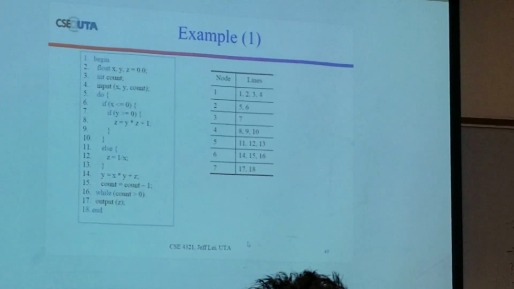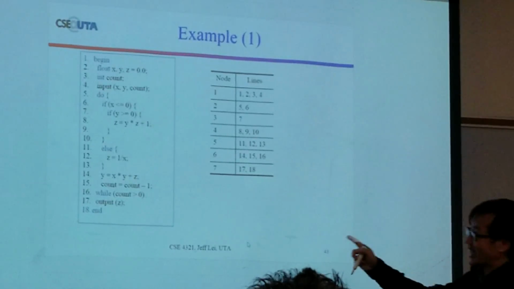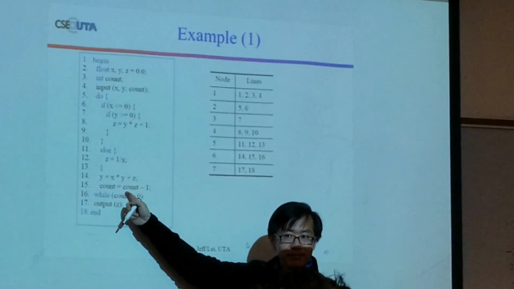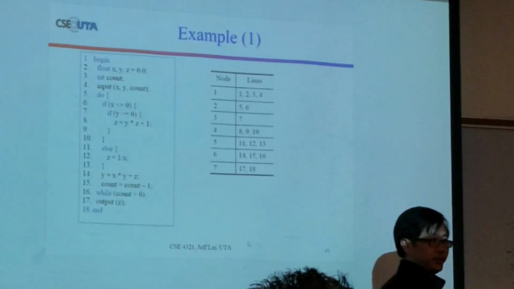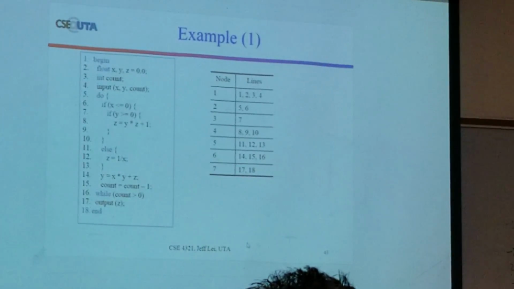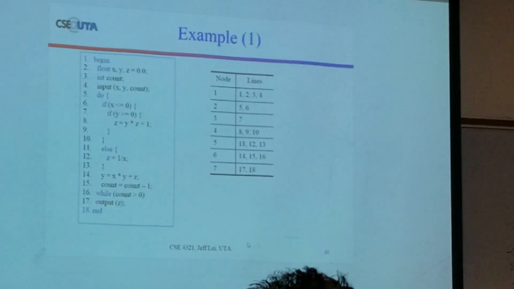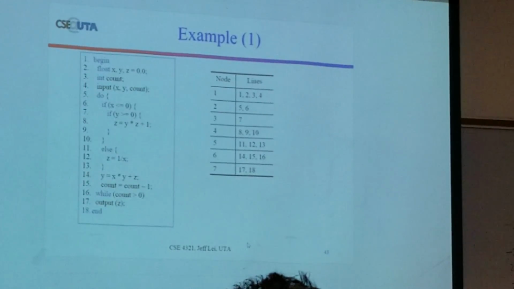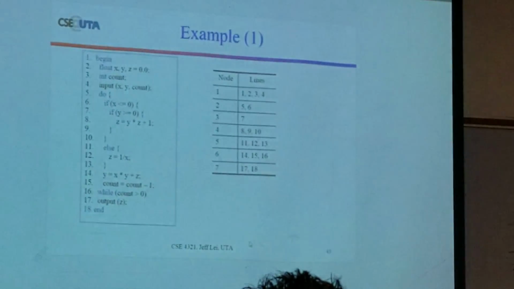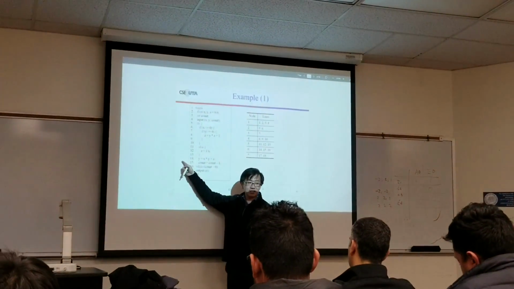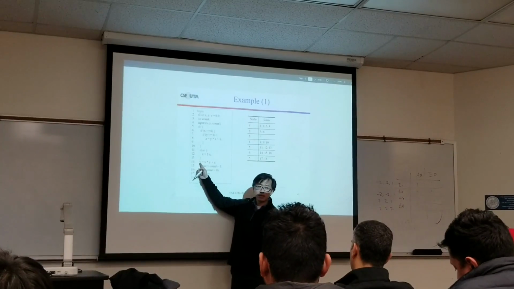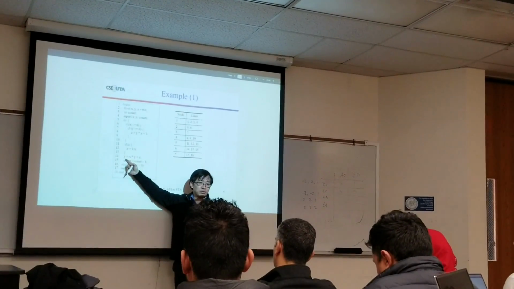So now the question is, if I want to detect this bug, what test cases do I have to use? First, what condition do I have to satisfy? You have to use this variable, y. Where is this variable used?